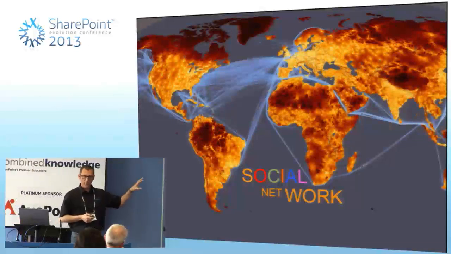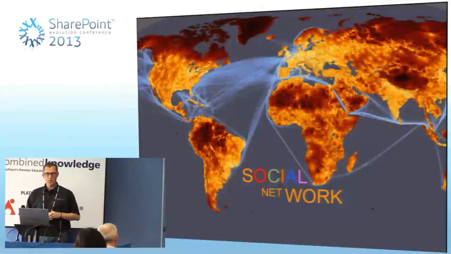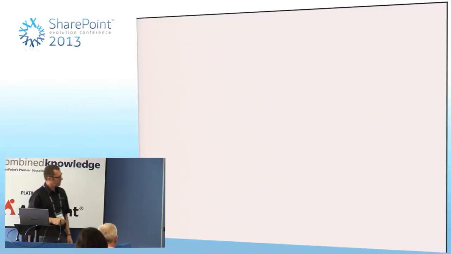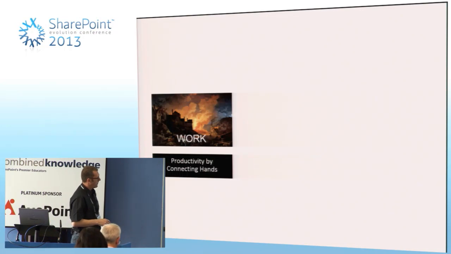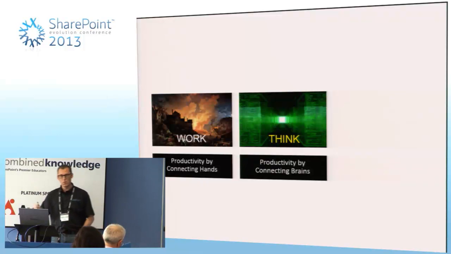That also affects the way we work, because we bring all those technologies and techniques and tools into our daily operation, into our daily way of working. So connecting hands, connecting brains, that's the evolution of the way people work.